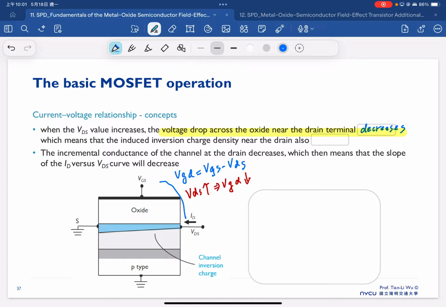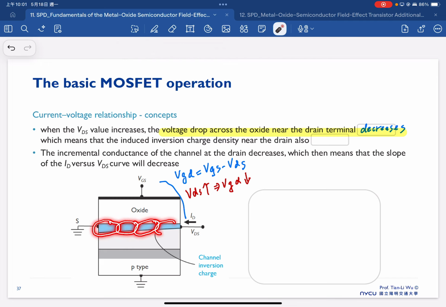So what does this mean? If you consider that the channel charge density is proportional to our gate bias, from the left to the right, as we get close to the drain terminal, VGD is decreased.